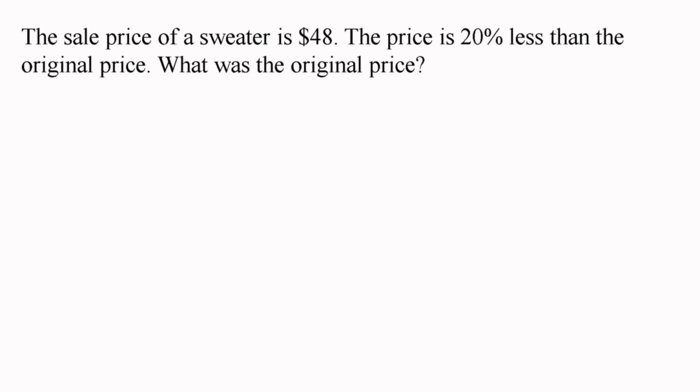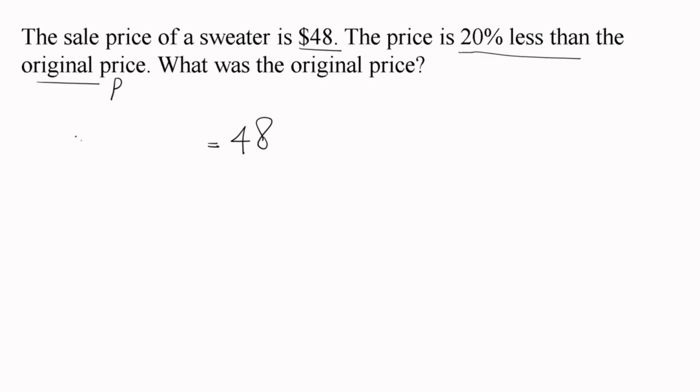The sale price of an item is $48. The price is 20% less than the original price, regular price. What is the original price? Okay. We have $48 and we want to calculate the original price, right? This $48 is how much percent of the original price?